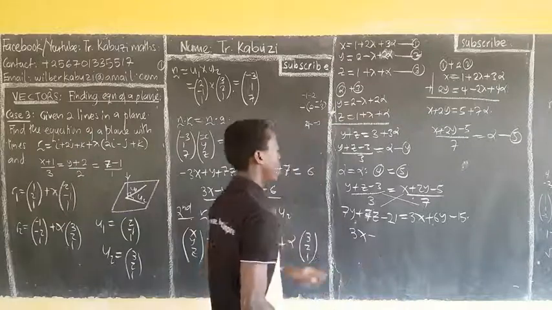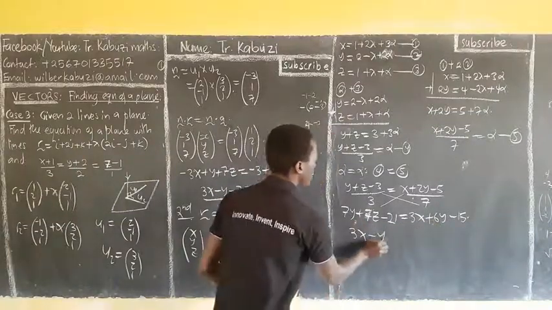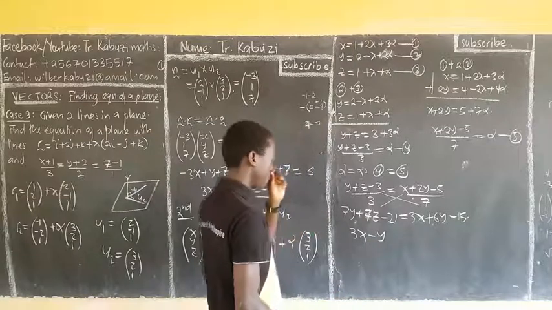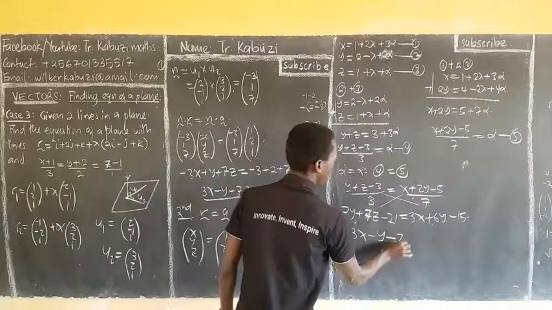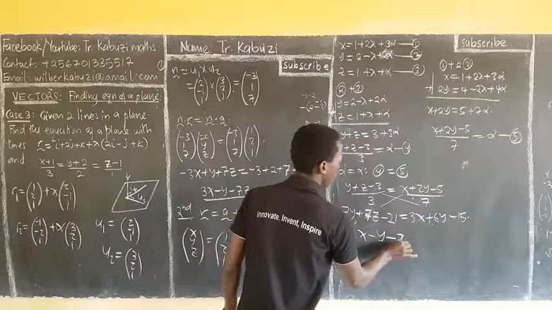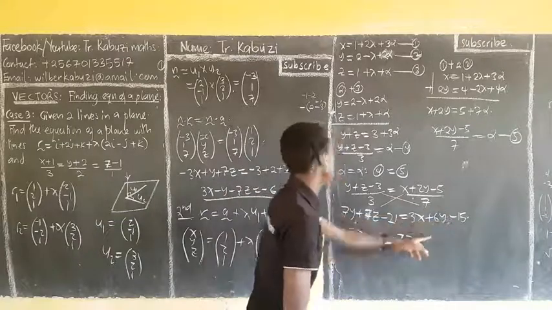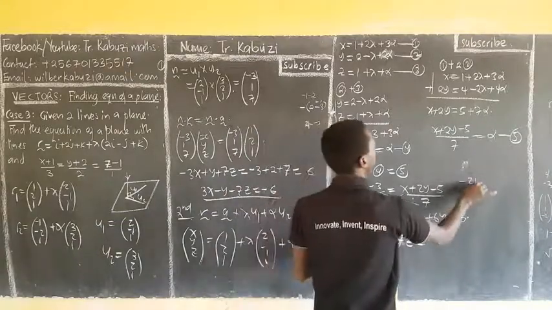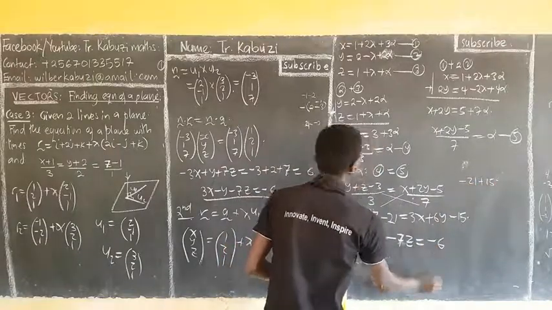Then, when I take y, this side will be now 6 minus 7y, which will give me negative y. Then, when I take z the other side, I'll be adding negative 7z equaling 2. Now, I bring this side, I'll be having negative 21 plus now 15. I think that will be a negative 6.